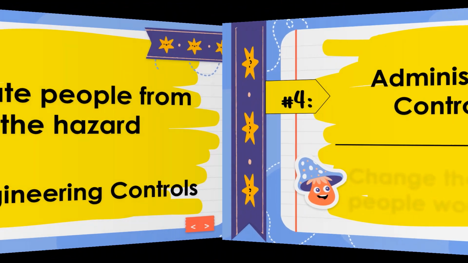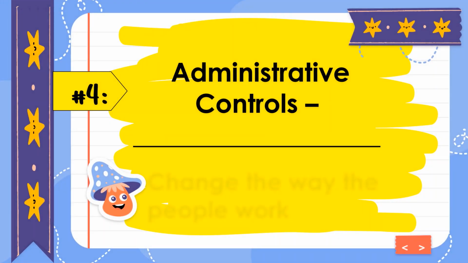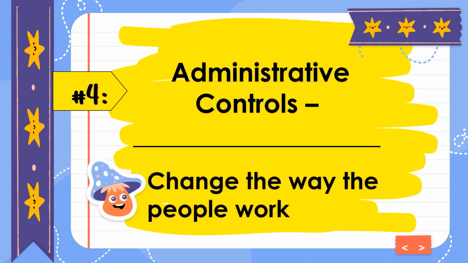Number 4. Administrative controls. Let's see if you've got the correct answer. The correct answer is change the way the people work.